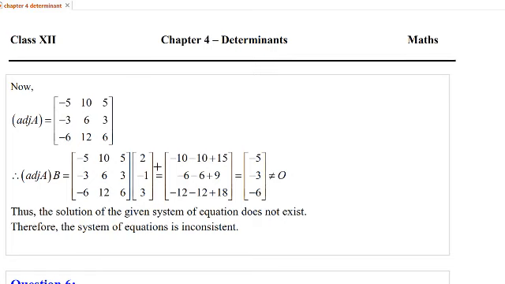Then adjoint A into B: minus 10 plus 15, that is minus 5, minus 6 plus 9, that is minus 3, and minus 12 plus 18, that is minus 6. So adjoint A into B is not equal to 0. It means that the system of linear equations is inconsistent, that is, we can't find the values of x, y and z here.